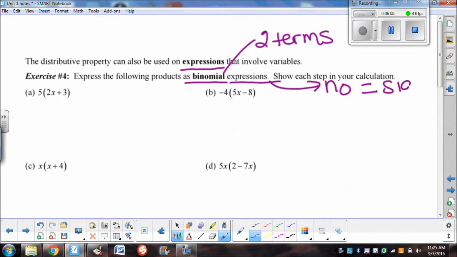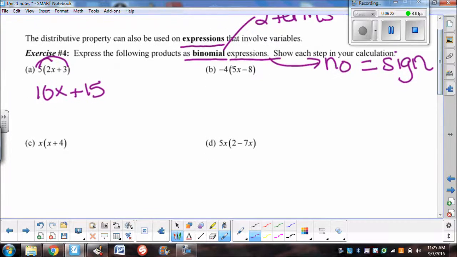It's not an equation. So distributing 5 times (2x plus 3) is going to be 10x, and then 5 times 3 is plus 15. There are two terms, 10x and 15, that makes it a binomial. No equal sign, it's not an equation, it's an expression. You're going to do letter B and letter D on your own.